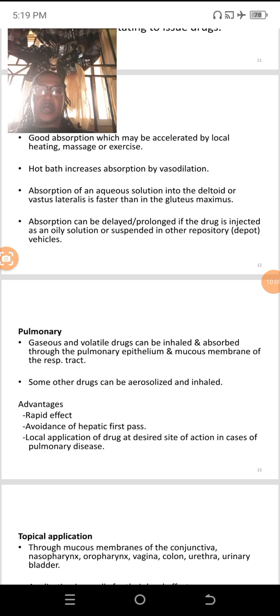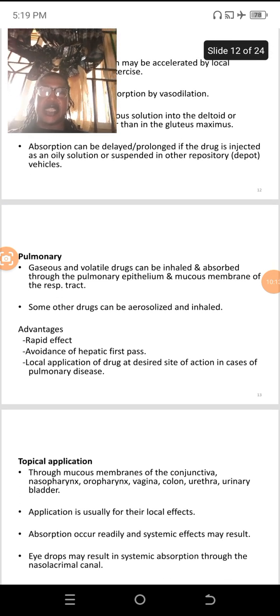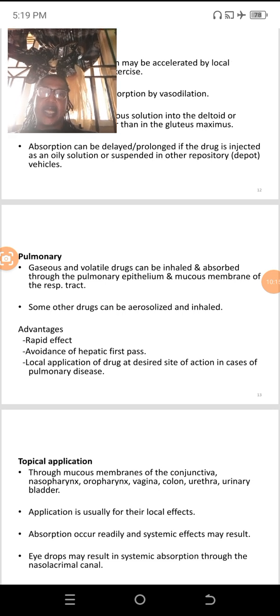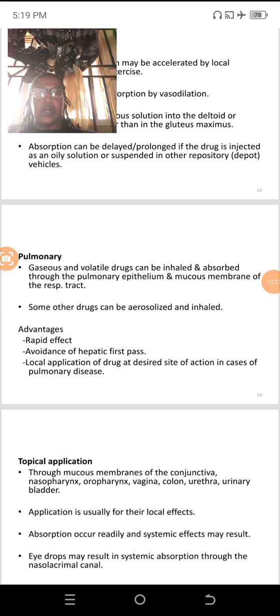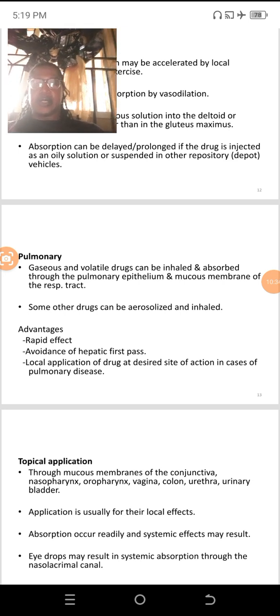Advantages include rapid effects, avoidance of hepatic first pass metabolism, then the drug that is so administered is concentrated at the desired site of action in cases of pulmonary diseases, for example, bronchial asthma. Therefore, the systemic effects of drugs administered through these routes are minimized.